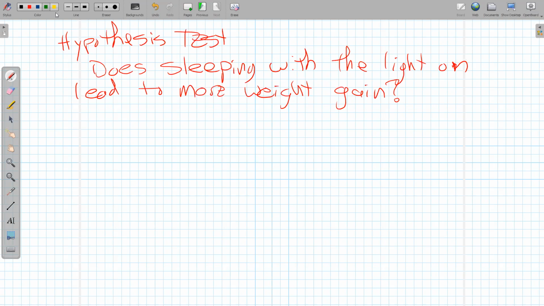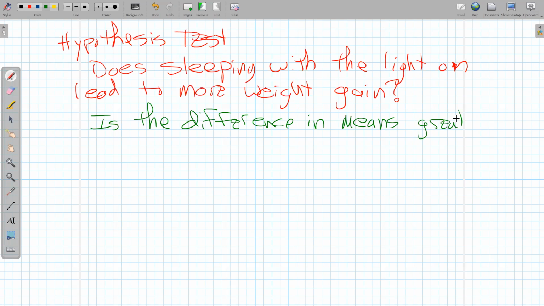So to get a little more technical here, is the difference in means greater than 0? Because if the difference is 0, there's no difference.